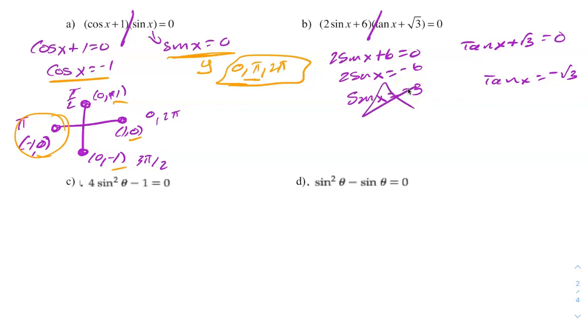I just have to solve the tan one. Tan you always want to put over 1. It's TOA. So where is tan negative? All Students Take Calculus. Tan is positive in 1 and 3, so it must be negative in 2 and 4. TOA, so opposite is negative rad 3, adjacent is 1.